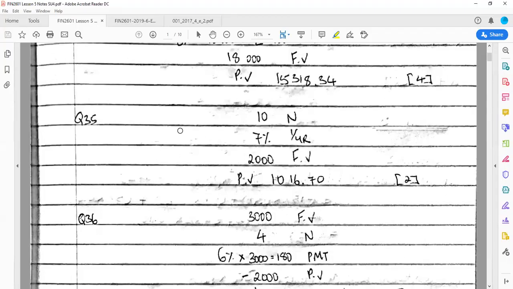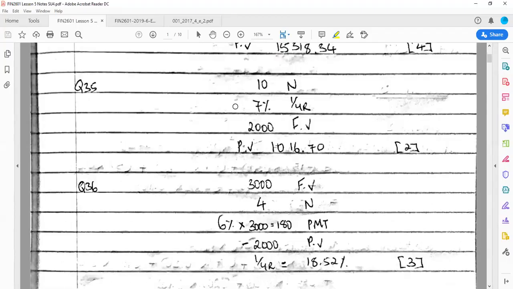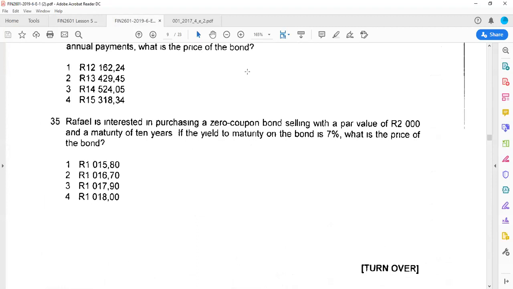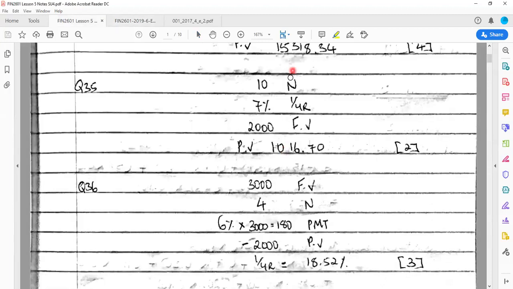And then question 35, it was also just a simple time value question. You can also just practice this one. It was a 0 coupon bond, so there was no PMT. We just take N as our 10, 7 as our I over YR, 2000 is FV, and then we get our PV of 1016.70, right?